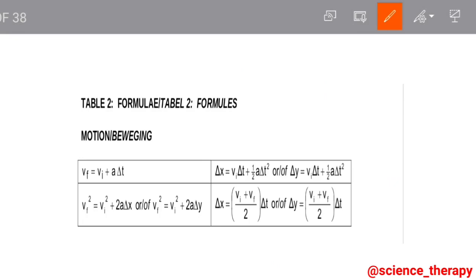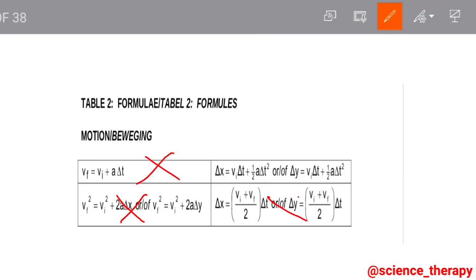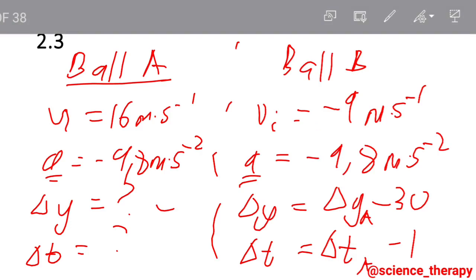If we check all these, they have VF, but this one is perfect because we have delta y, we have VI, and delta t, right? So no VF, and we don't have VF in the data, so that one is perfect.